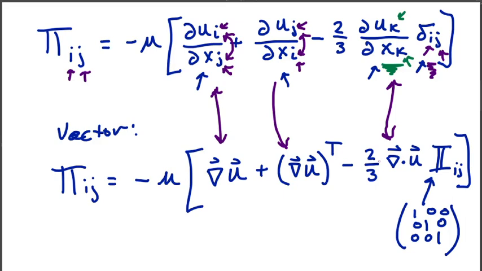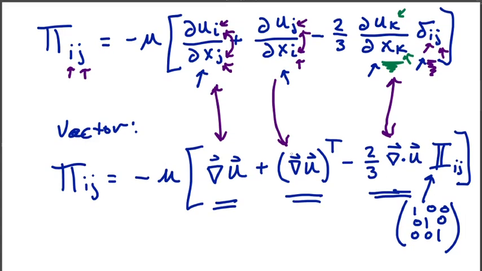This term, you might ask, where does this come from? The set of relationships, the vector gradient of u, the gradient of u transpose, and then this 2/3 div u identity ij. This comes from requiring that viscosity exists in a flow that has a shear flow, but not a flow that has rotation.